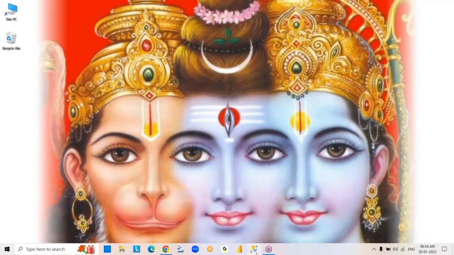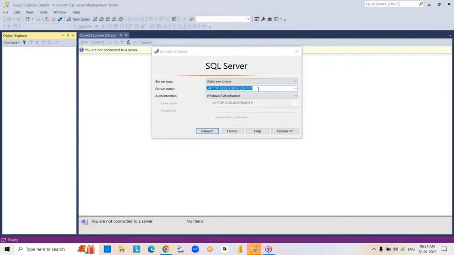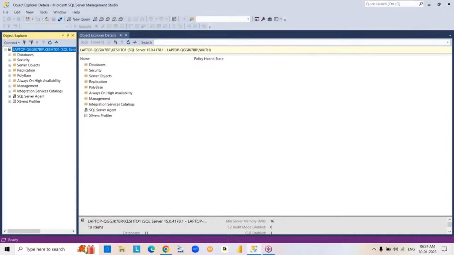Now here we have Management Studio environment. Just click on Management Studio. This is your server. Connect. So this is Management Studio environment. You go to New Query.